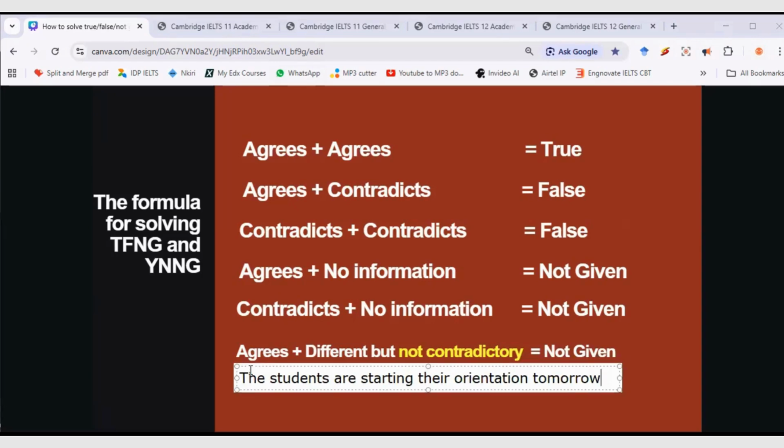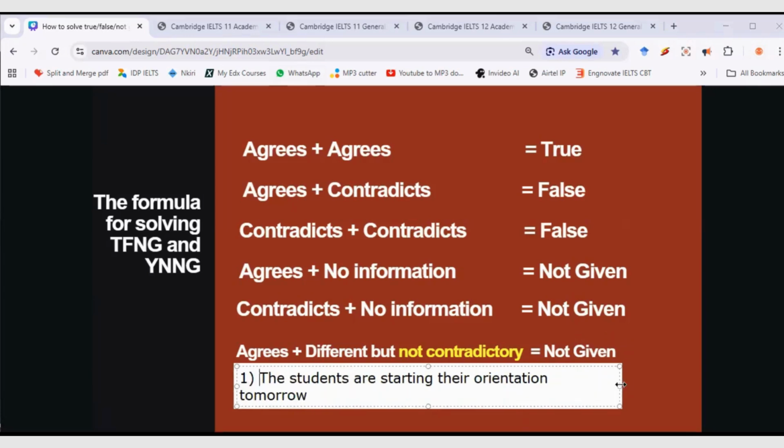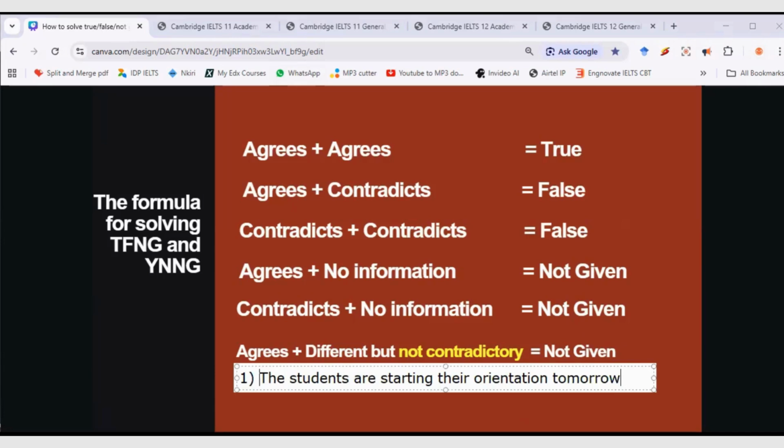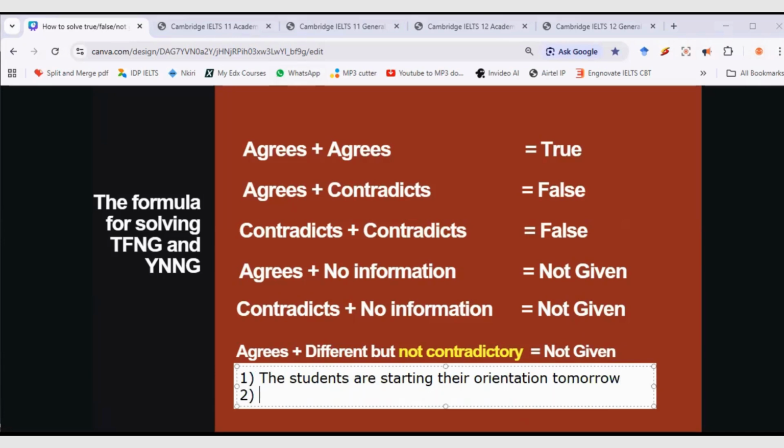This is my first statement. Let's call it statement 1. And then I write statement 2.